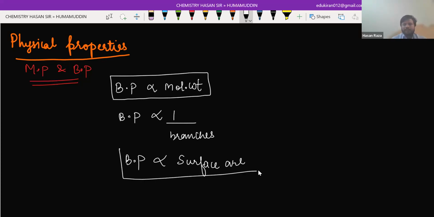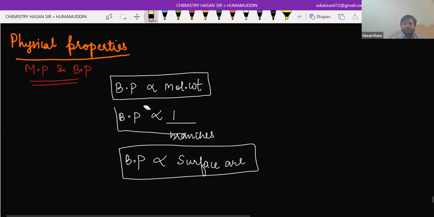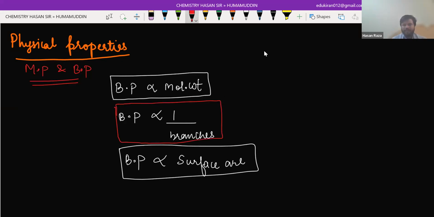I'm going to give you an example of alkane as well. Just wait a minute. Now you can see that if you have CH3, CH2, CH2, CH3, this is your butane. And I can write the butane as branched isobutane as well.